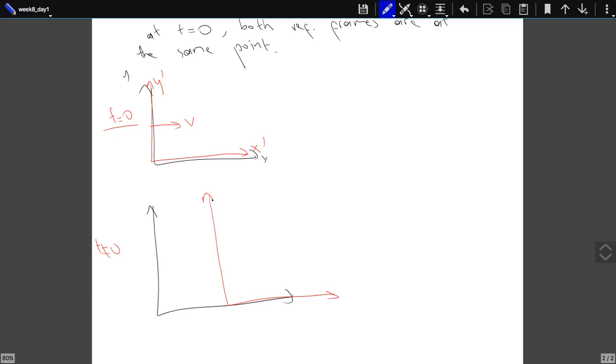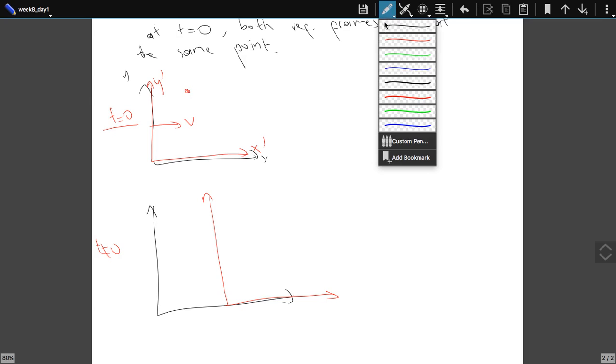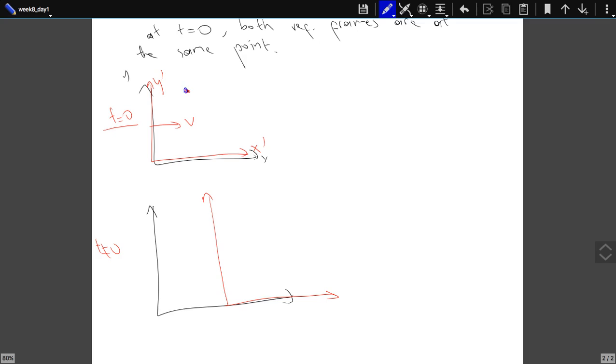Let us assume that they are both looking at an object that started over there. And let's reduce the problem to one dimension. It's also moving relative to the black reference frame with v0.